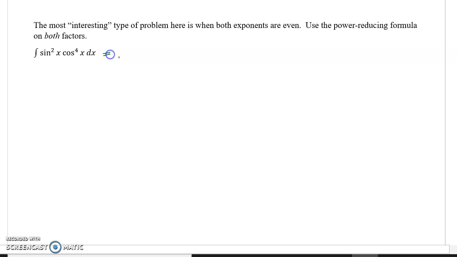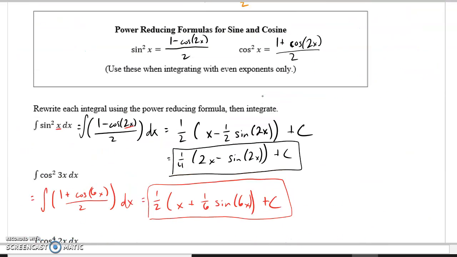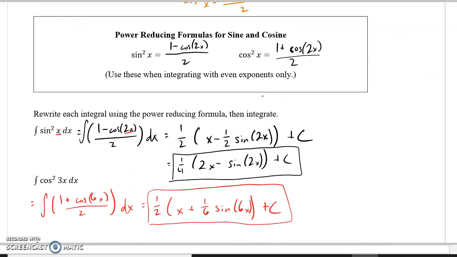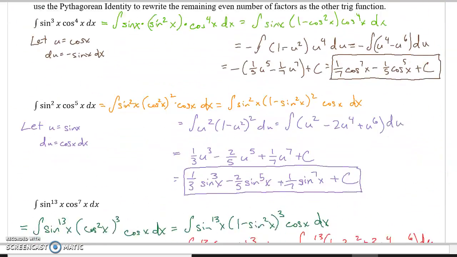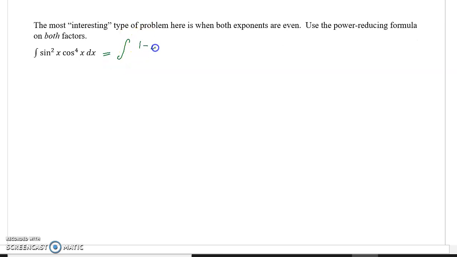So I think the easiest way to do this is just go ahead and bite the bullet and use the power reducing identity both times. So if you recall, the power reducing identities that we've figured out up here, sine squared has the minus in it, and cosine squared has the plus in it, right?